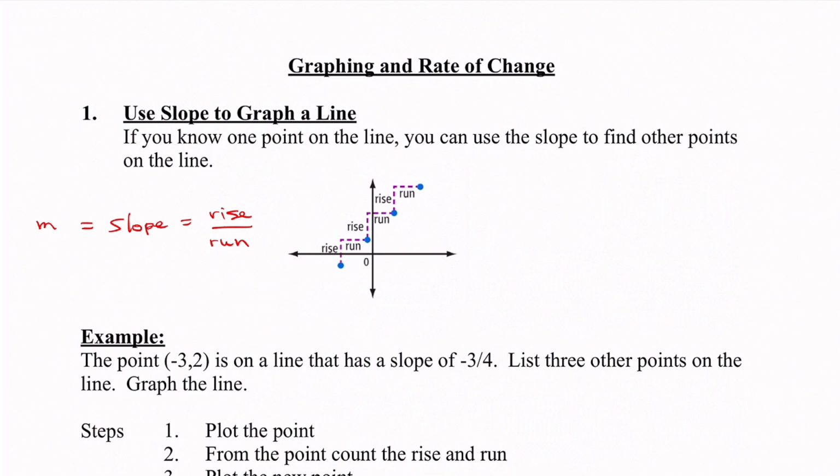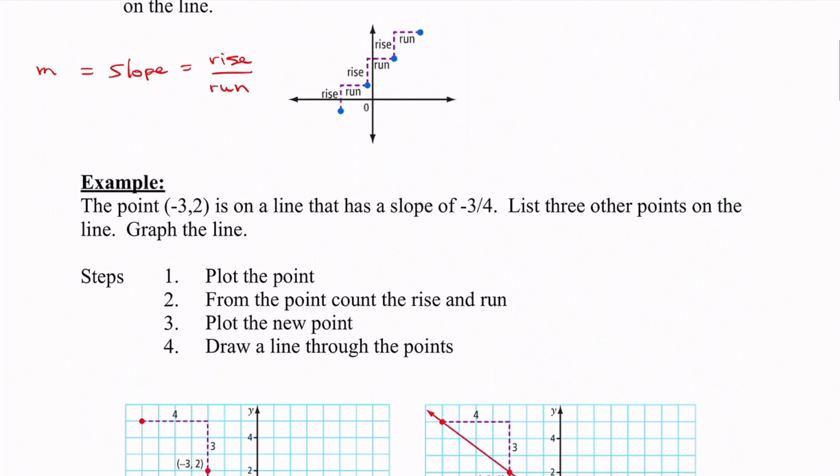So in this first example, it says the point -3 and 2 is on a line that has a slope of -3/4. So that right there is our M, and remember M is slope. That's the rise over the run. So in this case, we are going to rise -3, and then run 4.